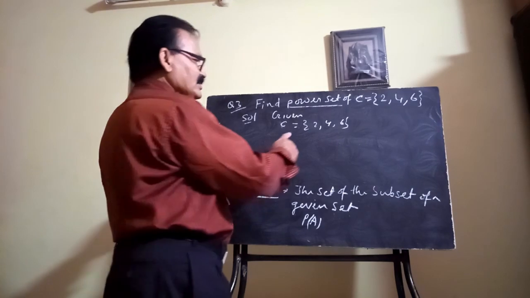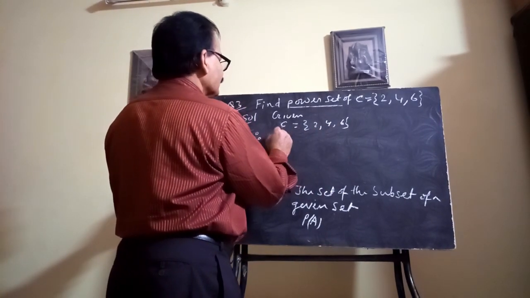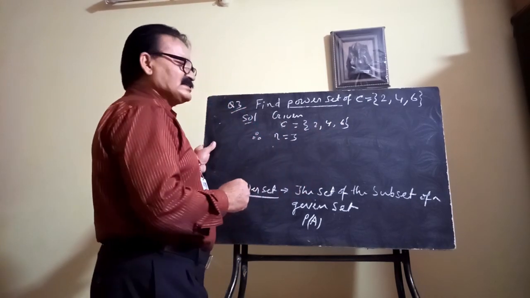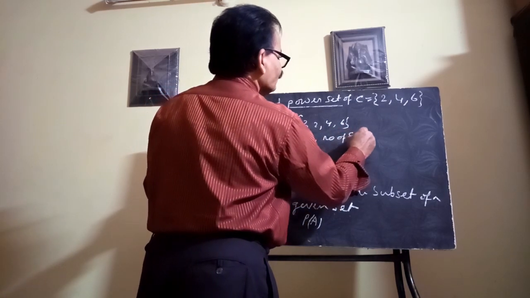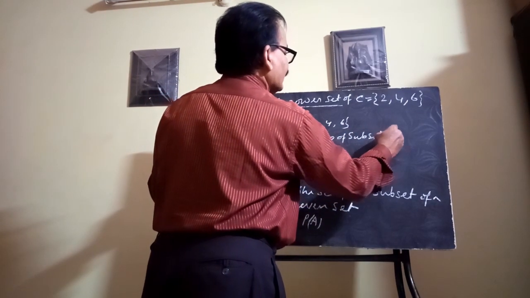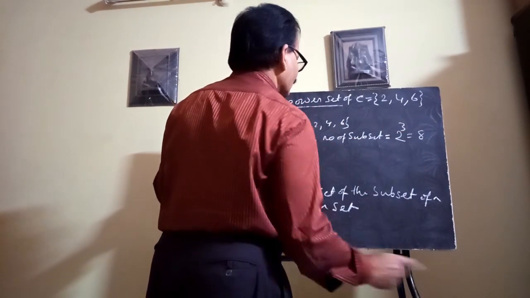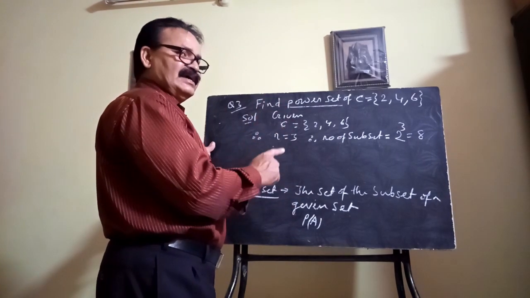So first you have to write the subsets. Here the number of elements n is 3: 1, 2, 3. Therefore the number of subsets equals 2 to the power 3, equal to 8.